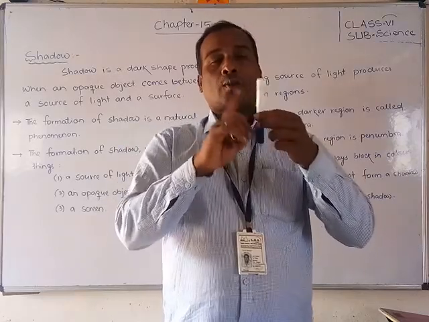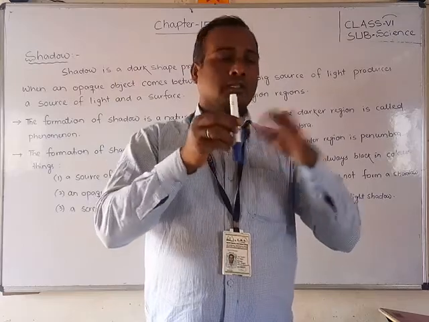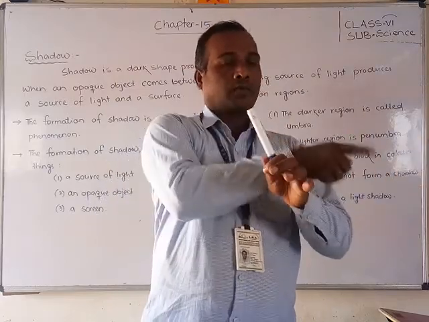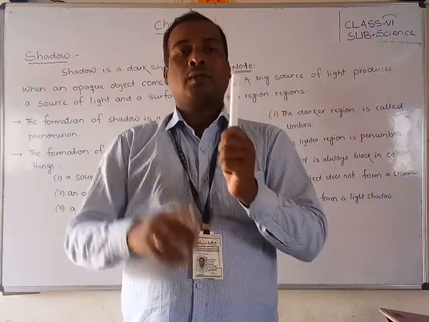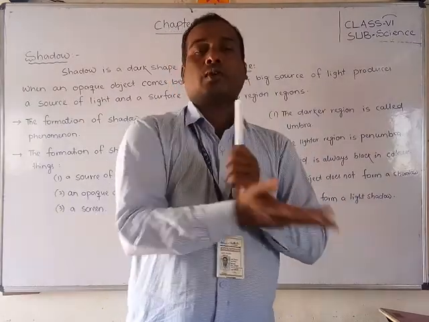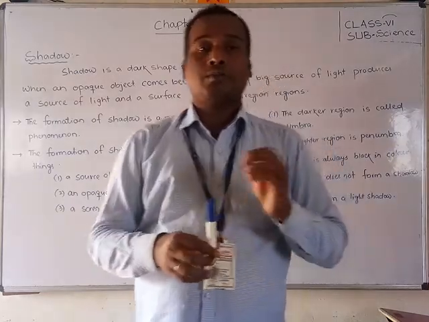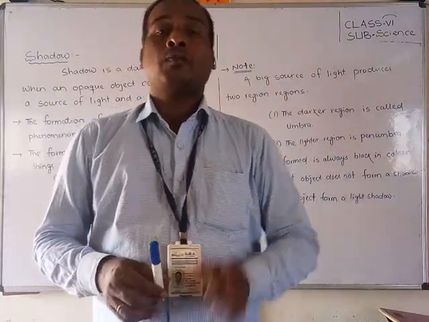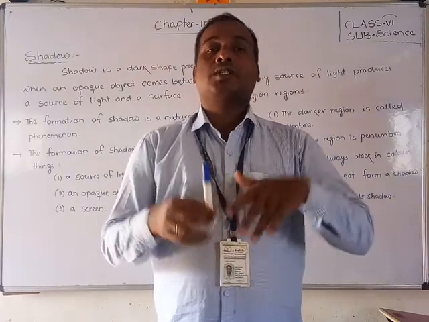Suppose this is the opaque object, the light falls from here and the surface is here. If one opaque object stays between the source and the surface, then a shadow will form, and that is called a shadow. Did you understand? That means if an opaque object is placed between the source and the screen, a shadow will form.